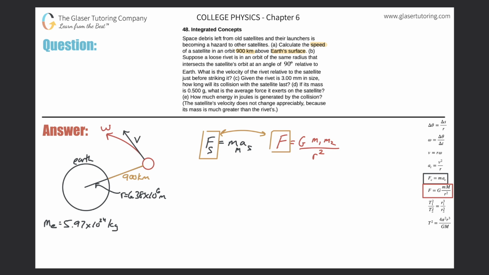So we have the mass of the, I don't know why I put an M here. Whatever I said before, just make sure this is the mass of the satellite.